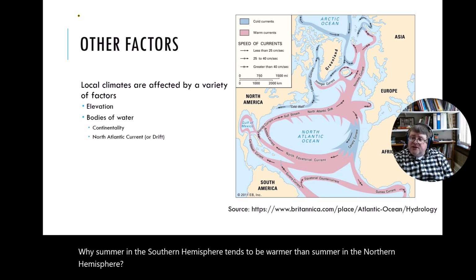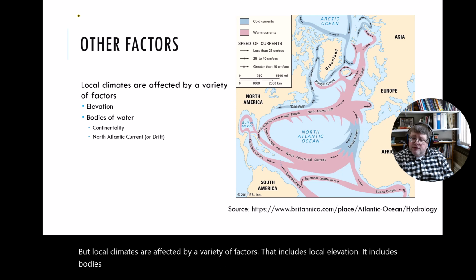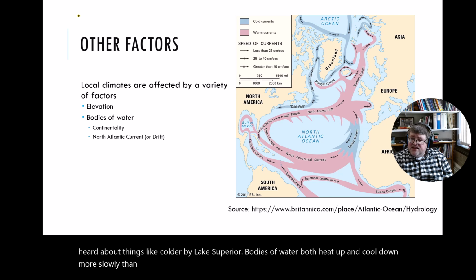But local climates are affected by a variety of factors. That includes local elevation. It includes bodies of water. So if you're from northern Minnesota, you've probably heard about things like colder by Lake Superior. Bodies of water both heat up and cool down more slowly than surrounding land areas. And so Lake Superior takes longer to warm up in the summer.